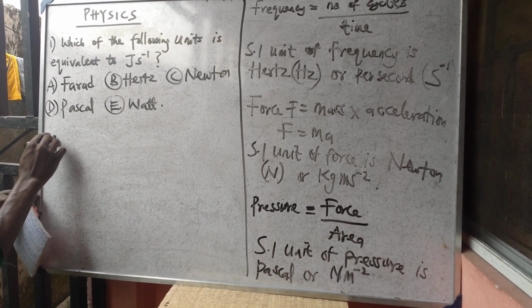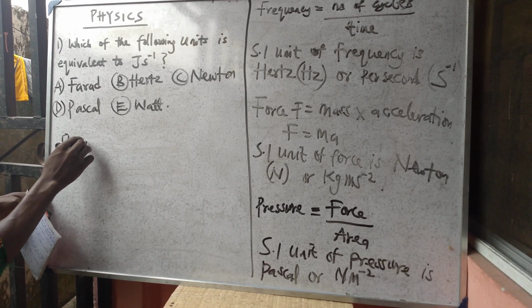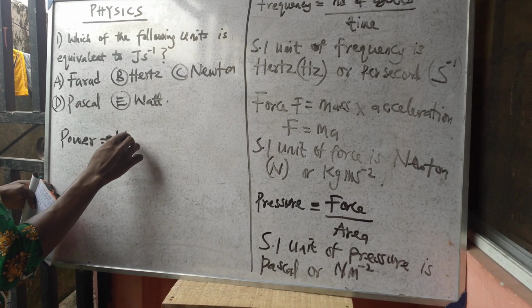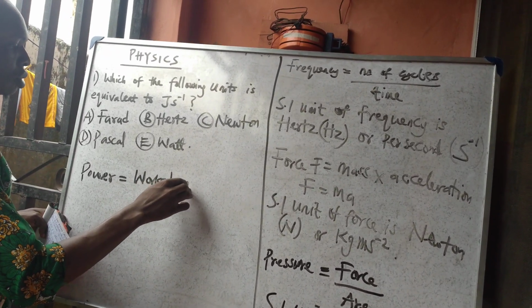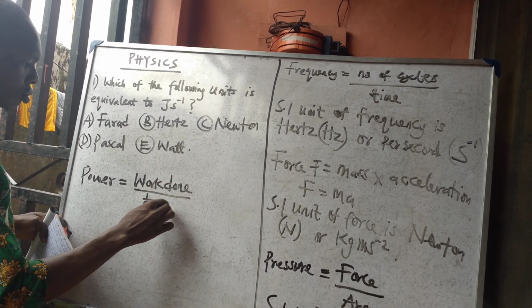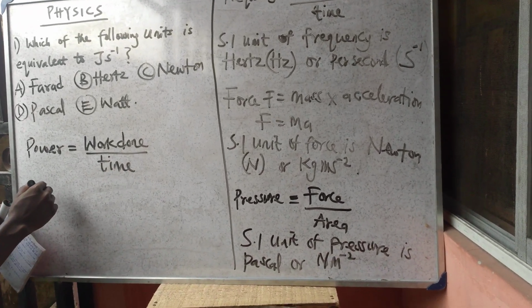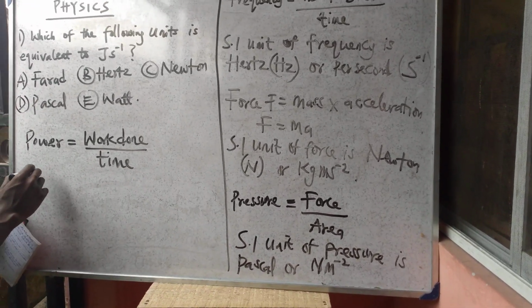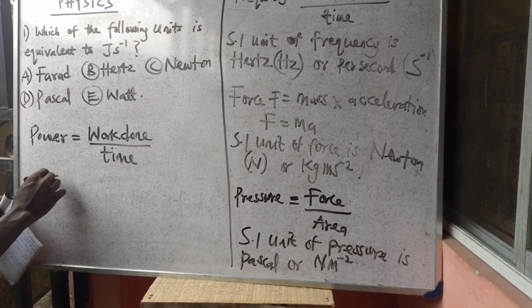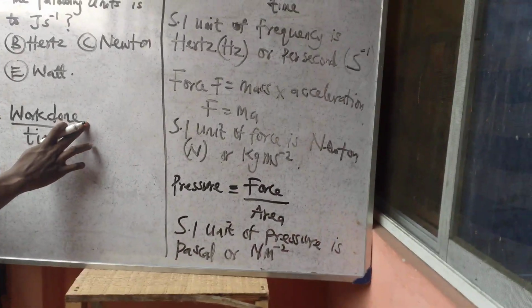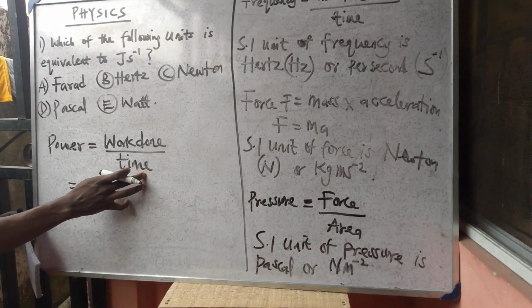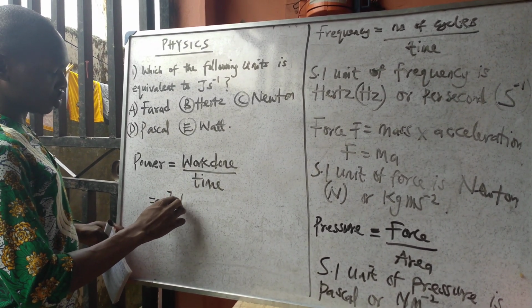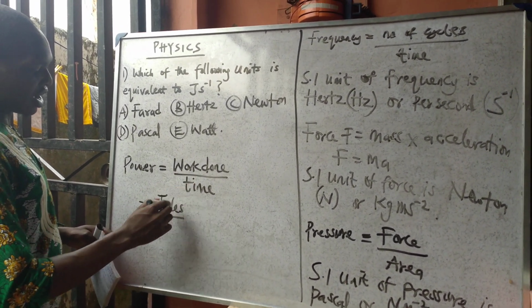So you see that power is equal to work done over time, and the SI unit of work done is joules, and the SI unit of time is seconds.